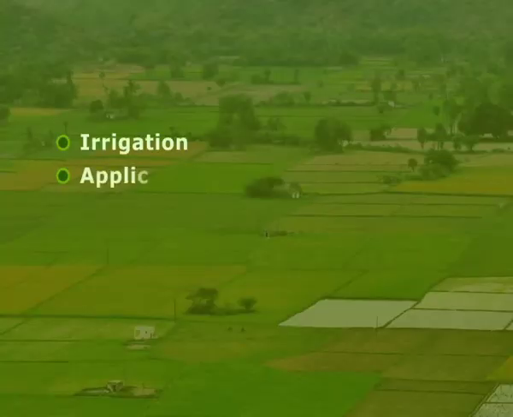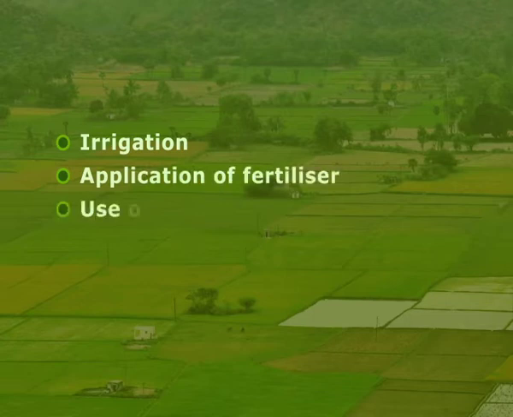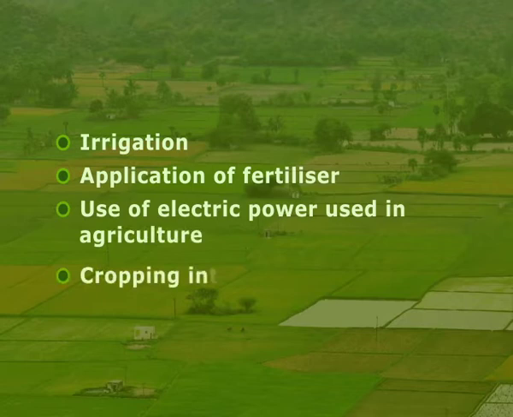Most of the states have witnessed either a slowdown in growth or a negative growth in the area under irrigation, application of fertilizer, use of electric power used in agriculture and cropping intensity. Even the net cultivated area is also showing a decline in some of the states.